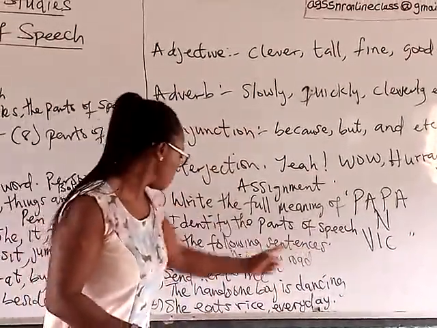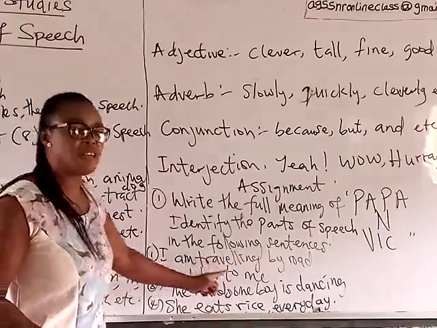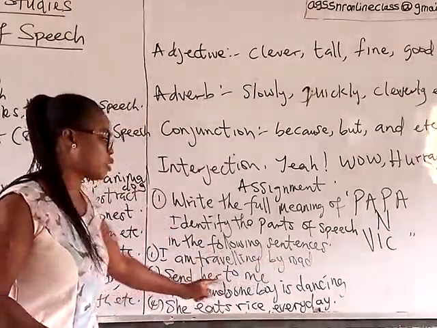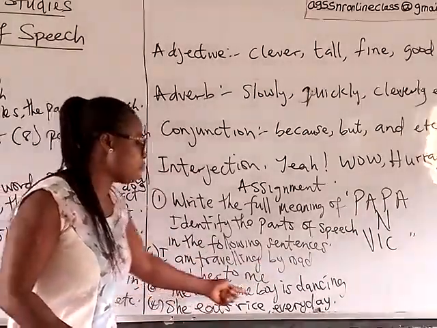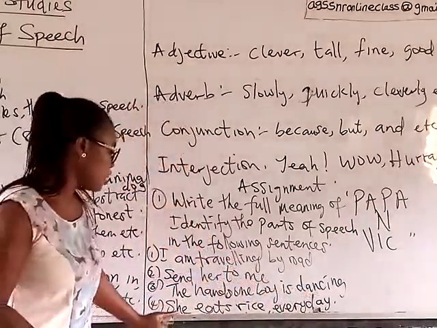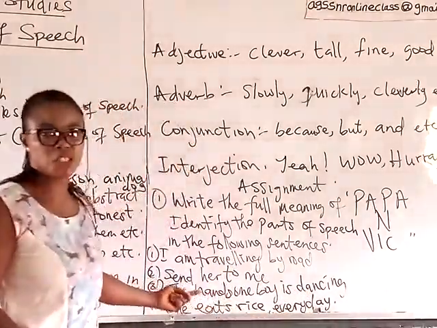Identify the parts of speech in the following sentences. Number 1, I am traveling by road. What part of speech is here? Number 2, send her to me. Number 3, the handsome boy is dancing. And lastly, she eats rice every day.